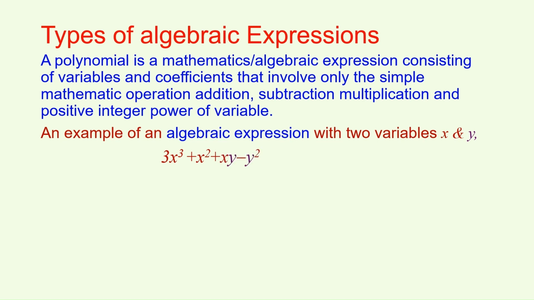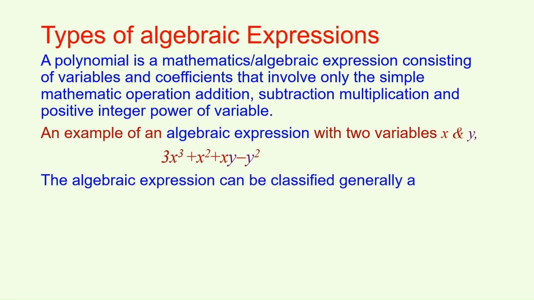An example of an algebraic expression with two variables x and y: 3x to the power of 3 plus x squared plus xy minus y squared.